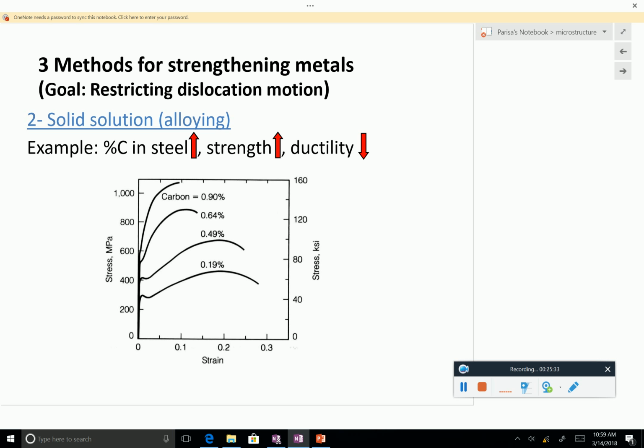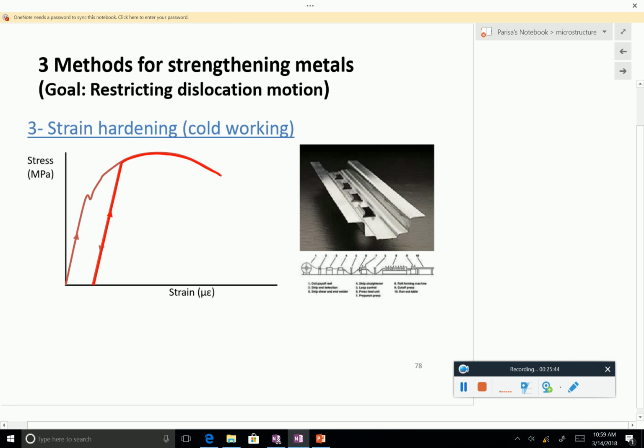This is what happens: as the percentage of carbon in the steel increases, strength increases and ductility decreases. And another way of increasing strength, which you have learned before, is strain hardening. If you apply stress, then you increase the strength, and this is what we have seen before.